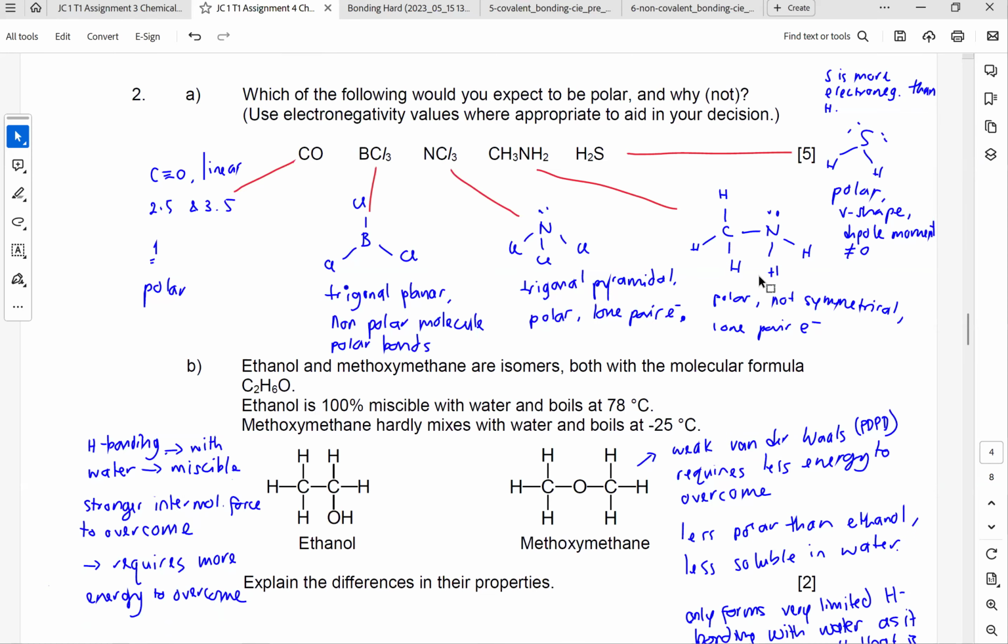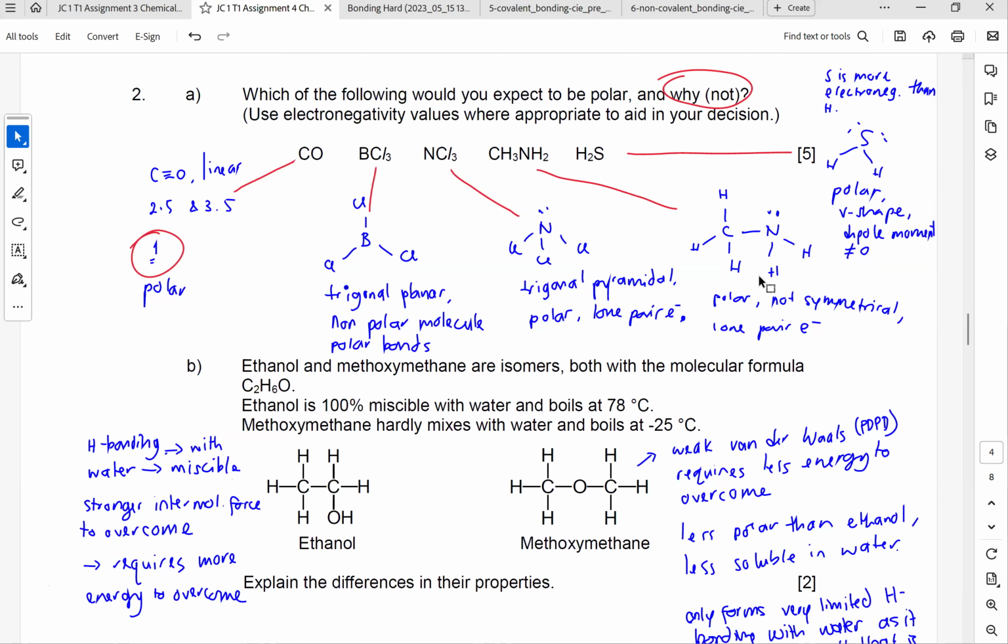Question 2. So you need to explain your answer here, right? For CO, it's just one bond, so I need to use electronegativity difference to see if it's a polar or non-polar bond. That's why I have the electronegativity difference.